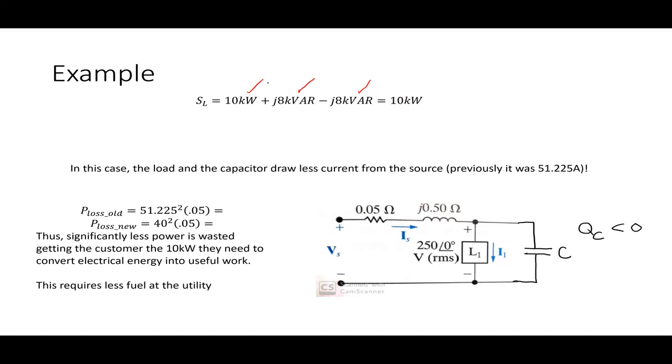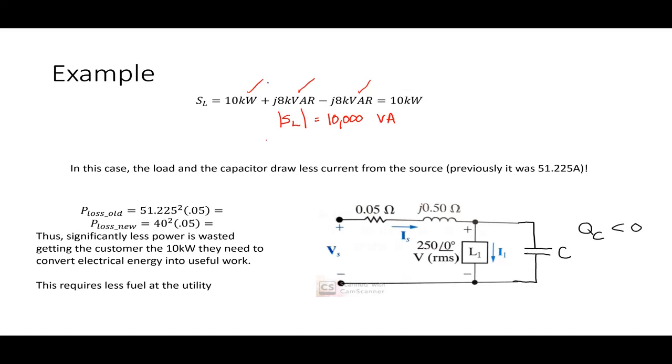One thing that probably will confuse you a little bit: the magnitude of that is simply 10,000, and we say that's in volt-amps, right? So the magnitude of the complex power, which we call the apparent power, has units of volt-amps. In this case, the kilovolt-amps and the kilowatts are the same.